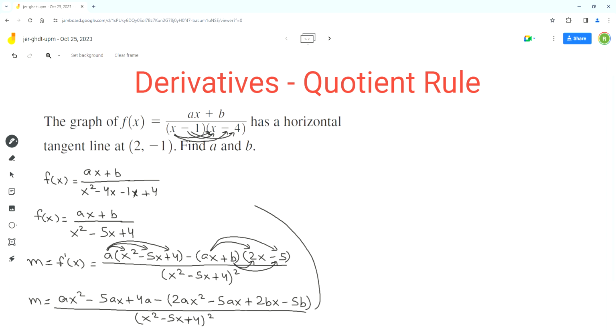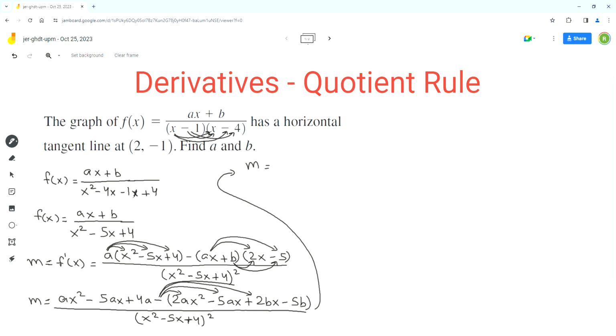Now we can simplify this further. So we get m equals, in the numerator, we can distribute the negative sign into the parentheses, and that will make the sign of each term in the parentheses flip.